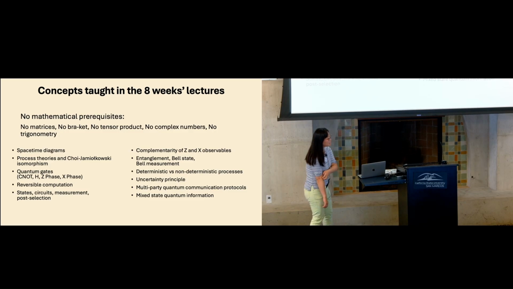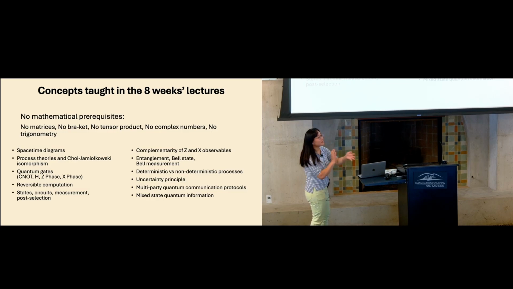The concepts that we taught in these 8 weeks of lectures, notably, we didn't have any mathematical prerequisites except to know that different angles, like say 25 degrees plus 65 degrees equals 90 degrees. That was the only prerequisite that was given on the call for applications to the course, as well as the syllabus.